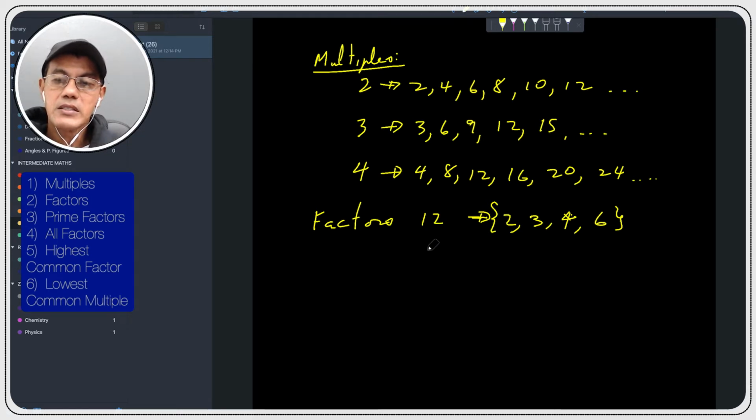Now what I found is that many high school students, fifth formers, grade 10, grade 11, even grade 12, they can find factors for small numbers. But what happens when they get really big numbers? This idea is very, very important for your exam.